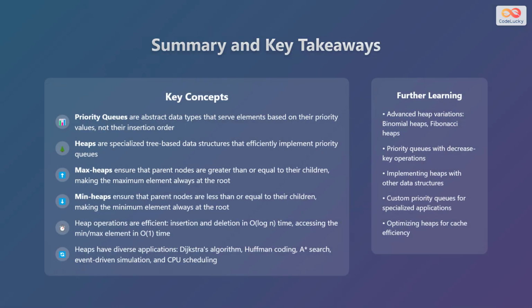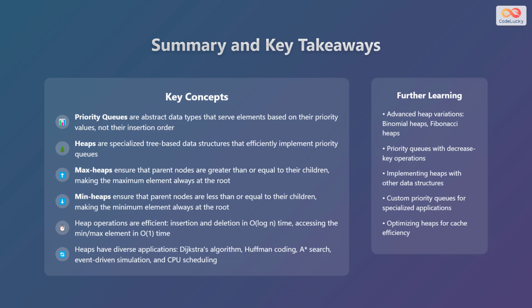Alright, let's wrap up with a summary of key concepts. Priority queues are abstract data types that serve elements based on their priority values, not their insertion order. Heaps are specialized tree-based data structures that efficiently implement priority queues. Max-Heaps ensure that parent nodes are greater than or equal to their children, making the maximum element always at the root.